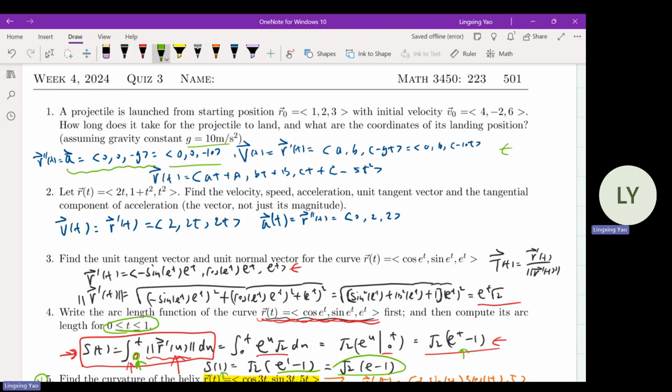We integrate this acceleration once to get r prime of t, with constants little a, b, c, and we get little a, b, c with c minus g t. g is 10, so we got this. This is the velocity vector.